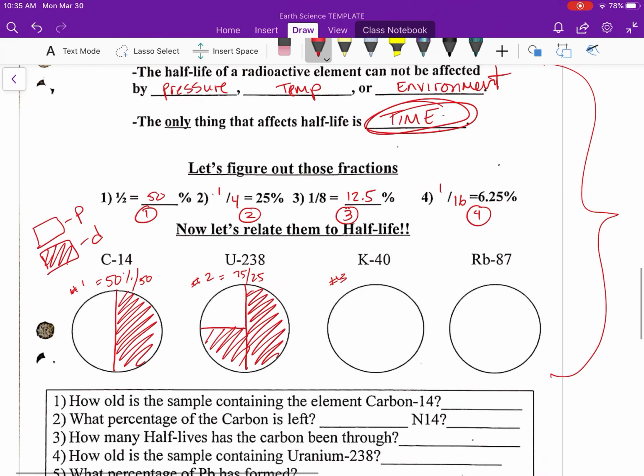Now the next one, number 3, is 3 half-lives. Now you're going to have your 87.5 and your 12.5. So 1 half-life, 2 half-lives, 3 half-lives.